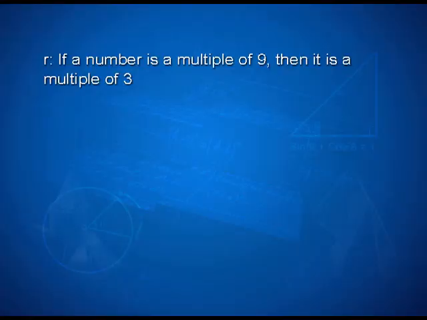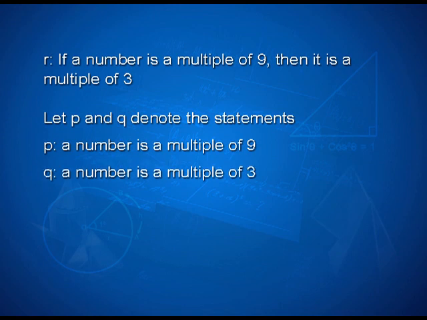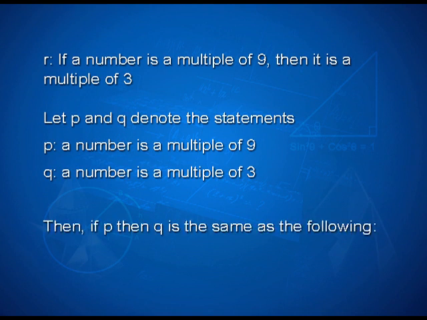If a number is a multiple of 9, then it is a multiple of 3. Let P and Q denote the statements P: a number is a multiple of 9, Q: a number is a multiple of 3. Then "if P then Q" is the same as the following.